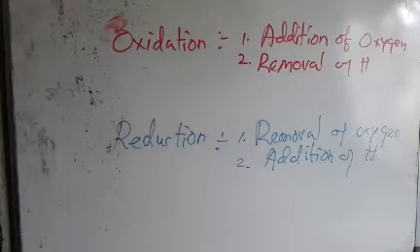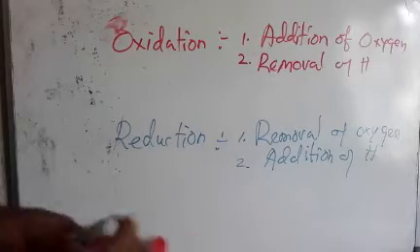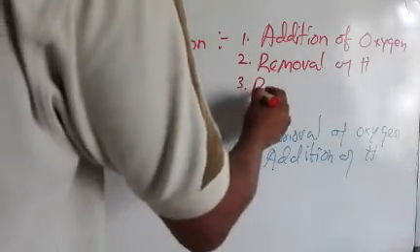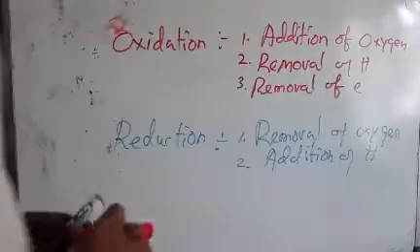Okay. The other way, and the very correct way, is about gaining and removal of electrons. So what we call oxidizing substance is removal of electrons. So when the electrons are removed, we call it an oxidation. Removal of electrons.